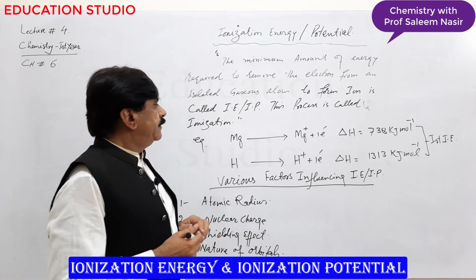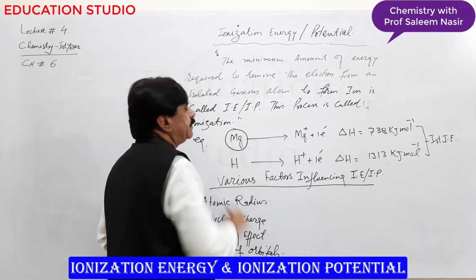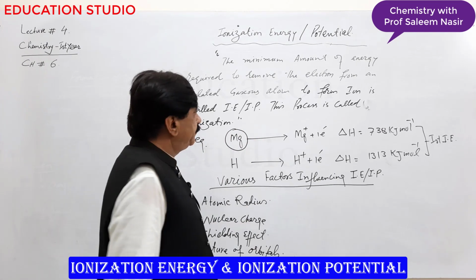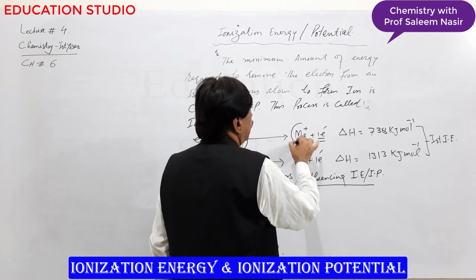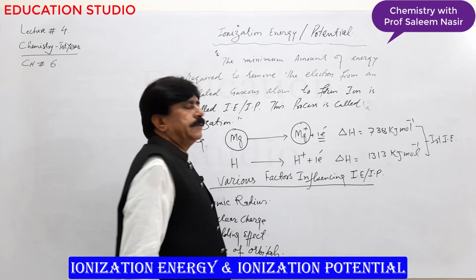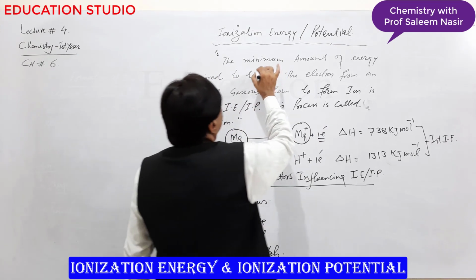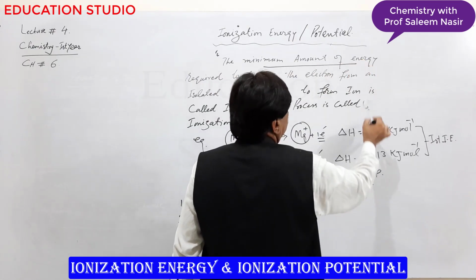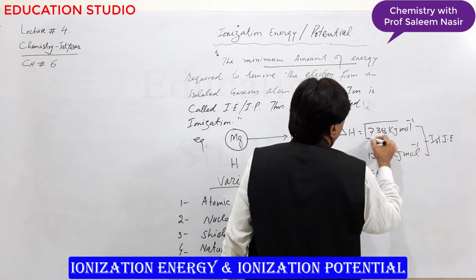For example, we have an isolated gaseous magnesium atom, and an electron is removed from it and we get the positive ion. In this case we require a minimum amount of energy of 738 kilojoule per mole.